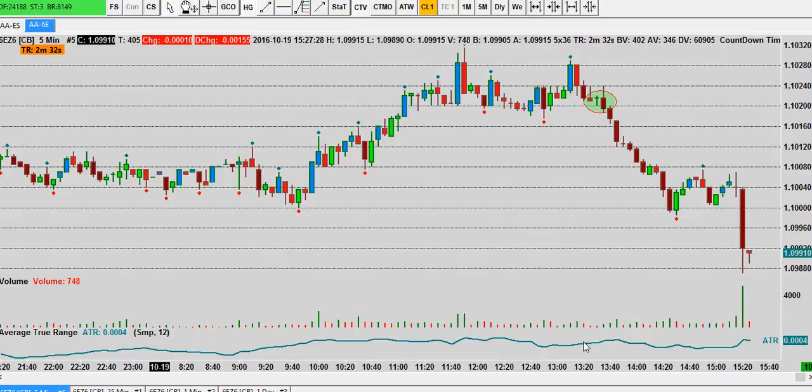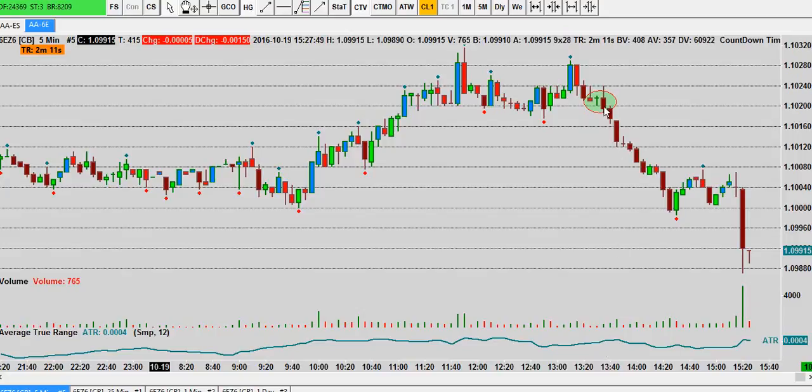So when we went short here, our first profit target was 6 points. As you can see here, the volatility is approximately 4 points.